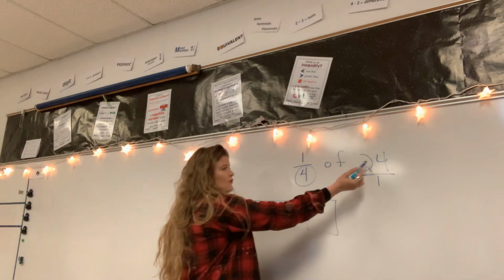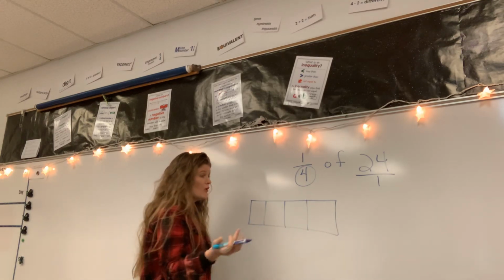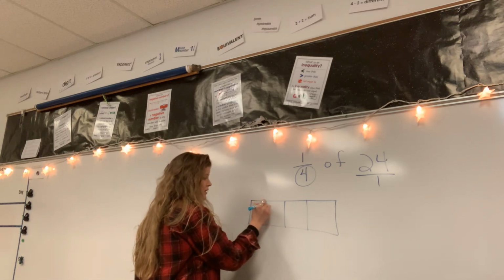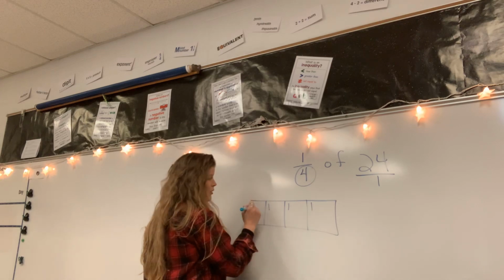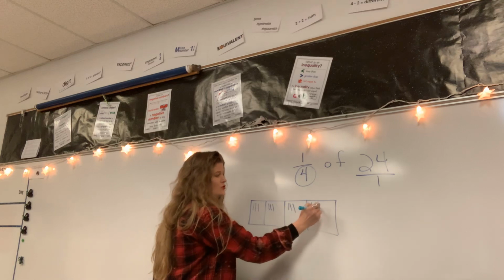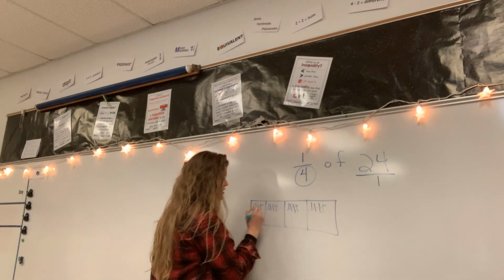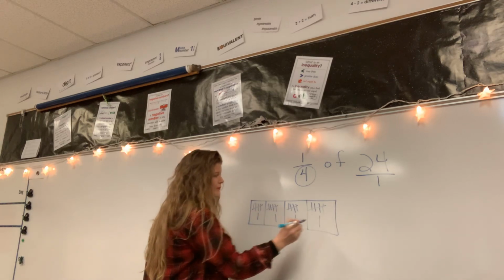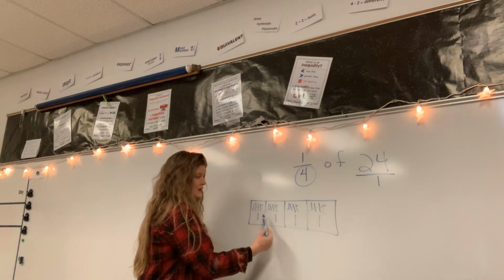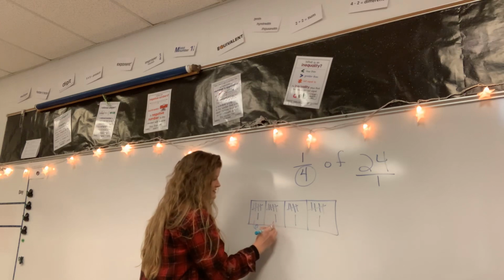But if I have 24, how many fit into each of the quarters? Well, if I don't know my multiples of 24 right off the bat, that's okay. I can literally fall back to making tally marks. 1, 2, 3, 4, 5, 6, 7, 8, 9, 10, 11, 12, 13, 14, 15, 16, 17, 18, 19, 20, 21, 22, 23, 24. Okay? This one has 6. This one has 6. This one has 6. Each one of them has 6.